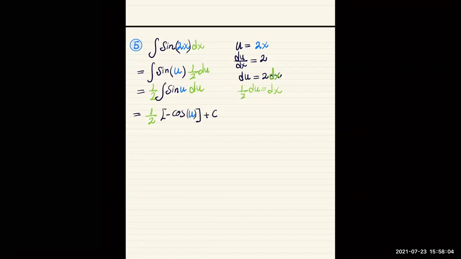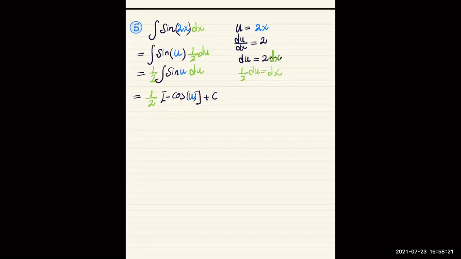You can leave the c in the bracket or out of the bracket. It doesn't make any difference. If I left c within the bracket here, then half times c is another c, so who cares where you leave the c?